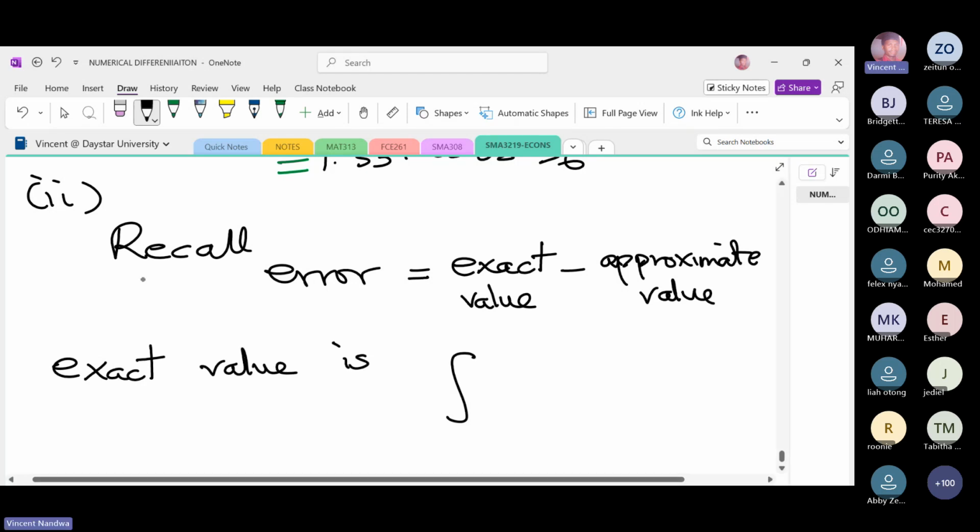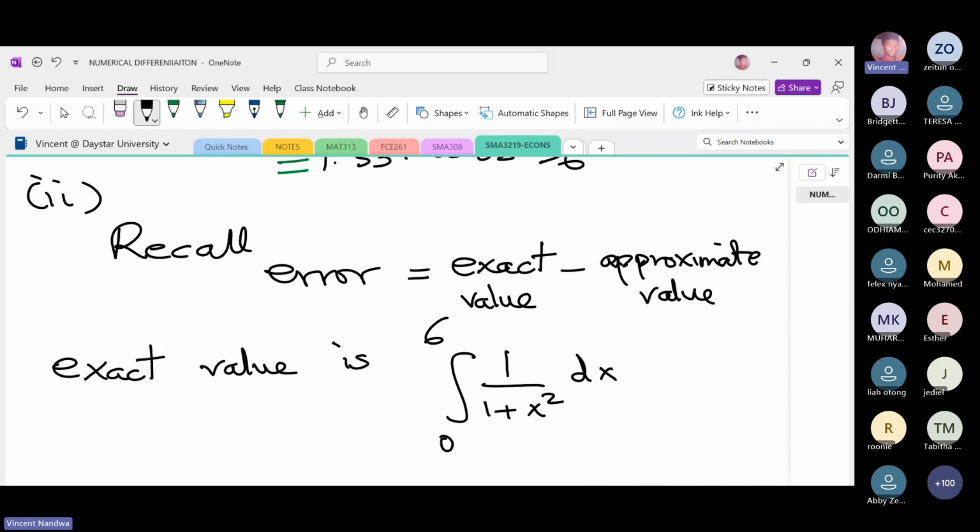is the integral from 0 to 6 of 1 over 1 plus x squared dx. So what is the value of the integral of 1 over 1 plus x squared using your calculus concepts? When you integrate 1 over 1 plus x squared, you get?